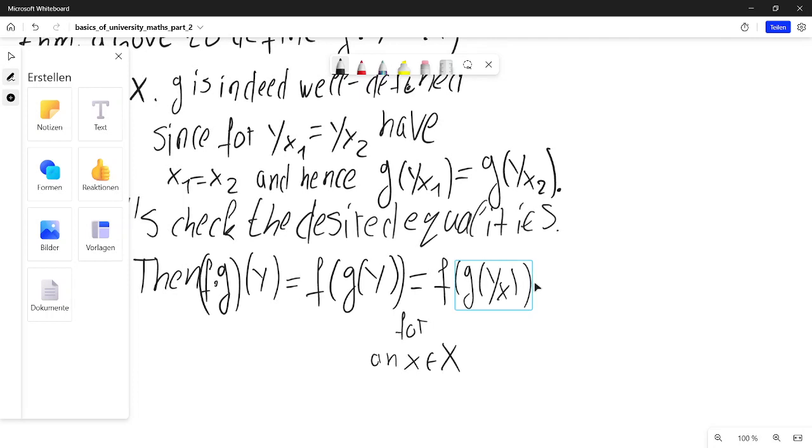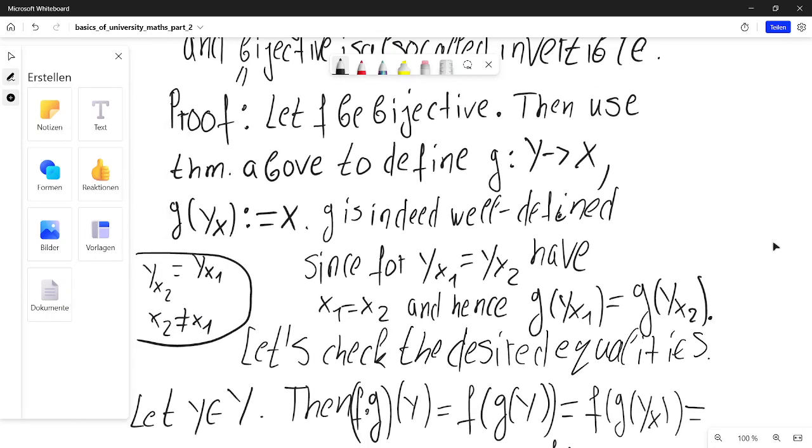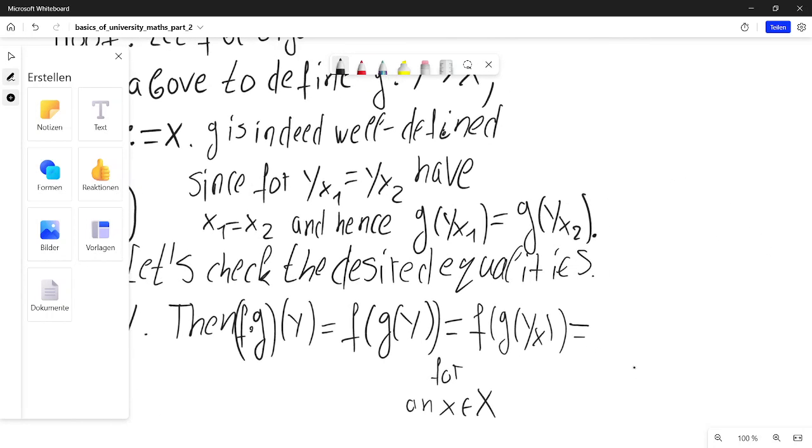And now, what did that map do? We just defined it. It just mapped that to x.